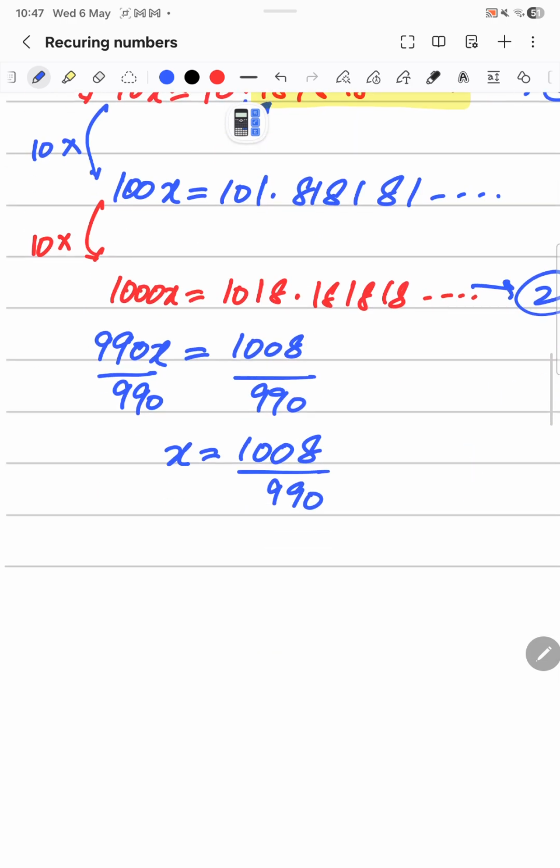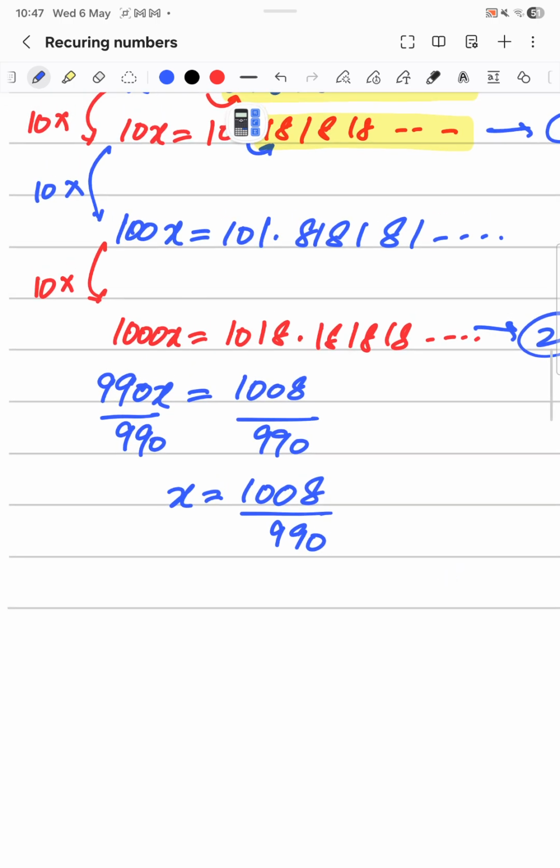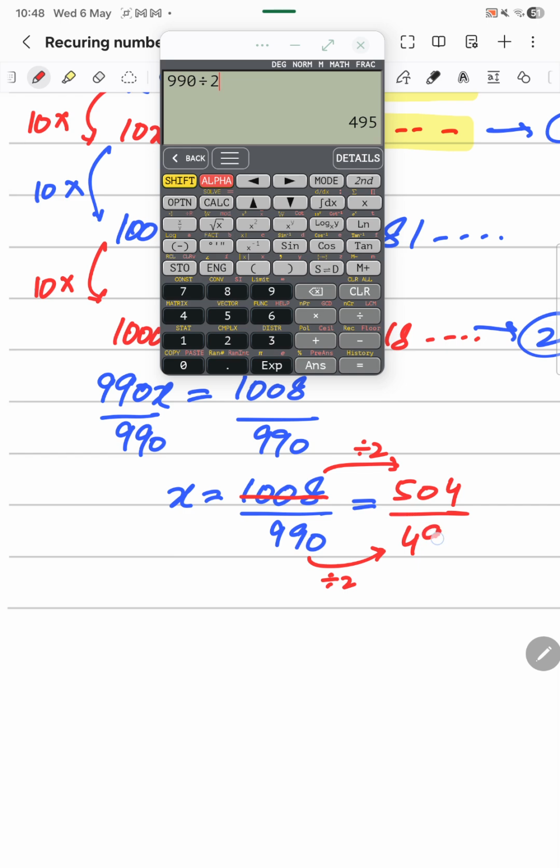You need to find the common divisor and simplify this fraction to get the required answer. If you divide this by 2 up and down, 1008 divided by 2 is 504, and 990 divided by 2 is 495.